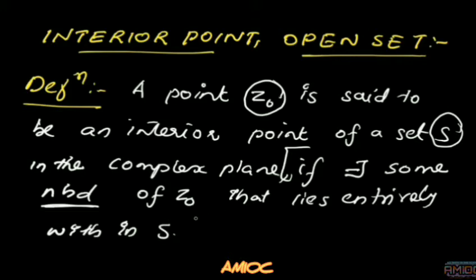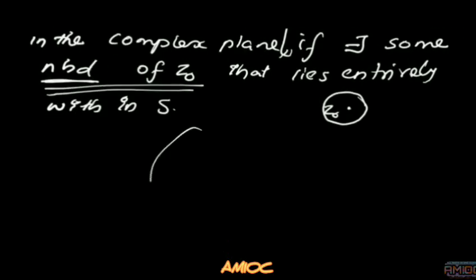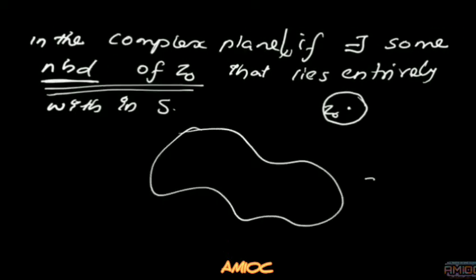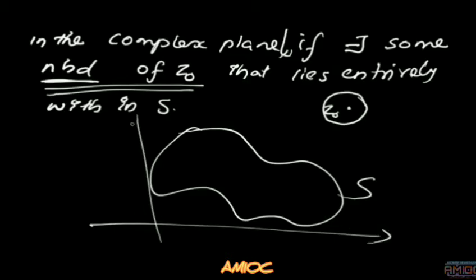In the case of complex analysis, what we mean by the neighborhood of a point? That means if we are given a point Z0, we can find an open disk. We can find an open disk that is completely contained in the set S. That means let S be this set, a random domain in the complex plane.